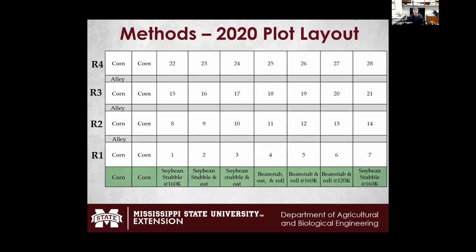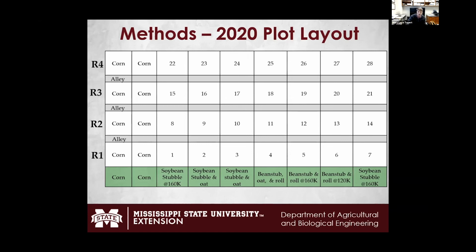So this is how our plots were laid out in 2020. There were 4 replications separated by a 10-foot alley. In 2020, we had corn, which would have been a setup for basically our 2021 plots, as we'll go over next. Moving left to right, each of those cropping systems would have encompassed, I believe, 24 rows.